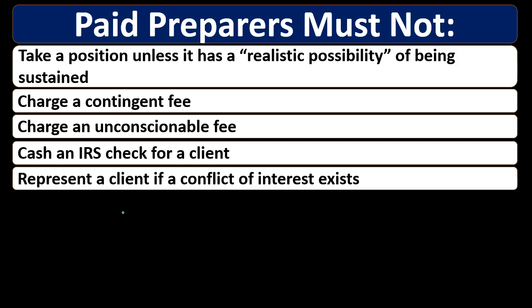So whenever we're speaking for somebody else, we want to make sure that we're careful or aware of or disclose any conflict of interest, because even if we believe we're completely unbiased, people will at least have the perception that there could be a conflict of interest. And notice that's the same kind of issue that we have with the contingent fees. If our service is based on a contingent fee, then we might take aggressive positions to get larger refunds because we get more of a contingent fee there.